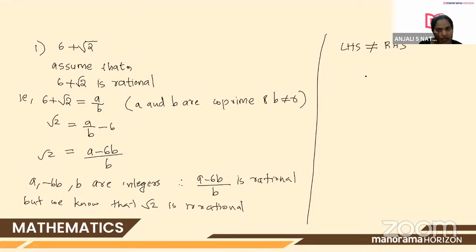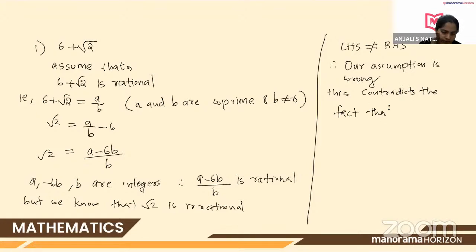Therefore, our assumption is wrong, and this contradicts the fact that root 2 is irrational. Simple, right? So we proved that 6 plus root 2 is irrational.